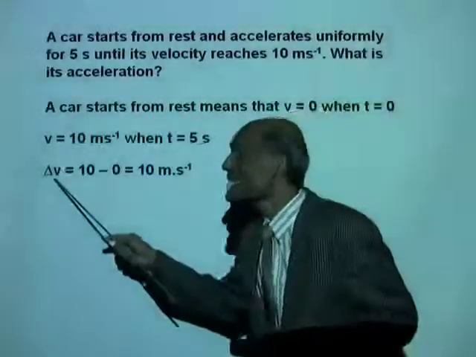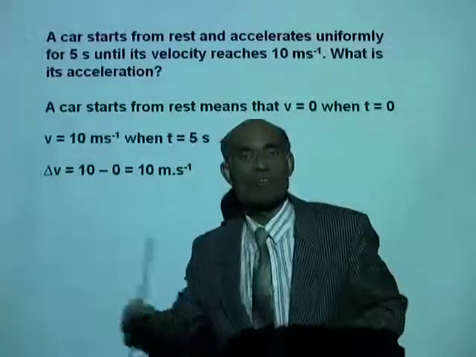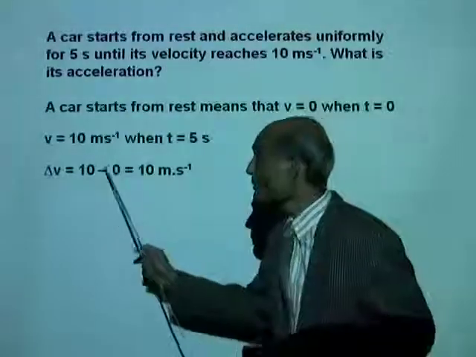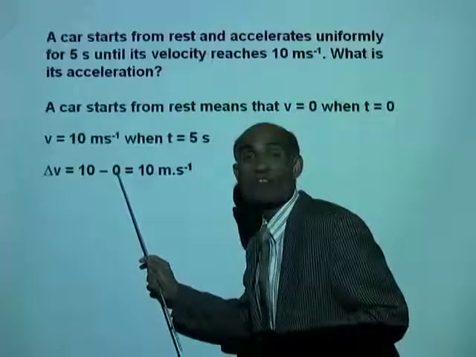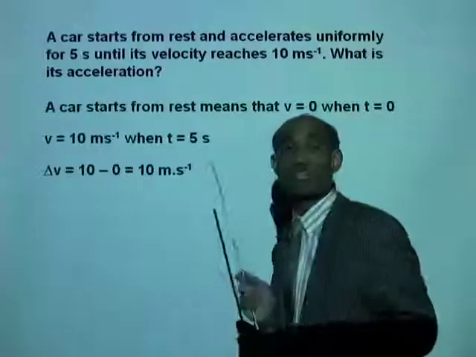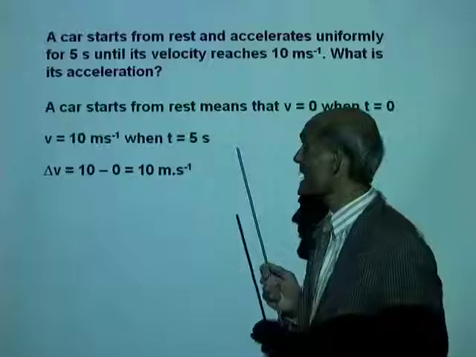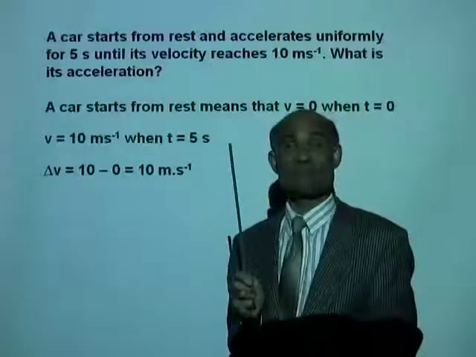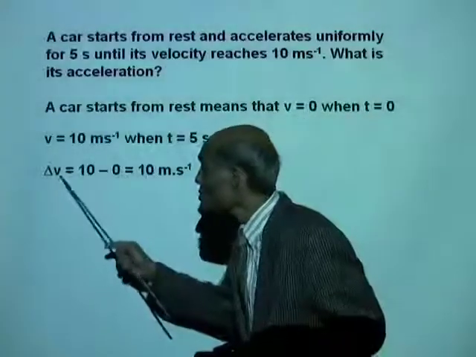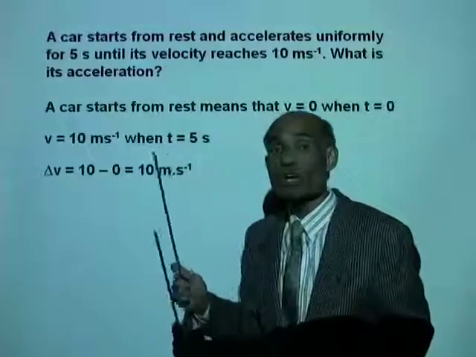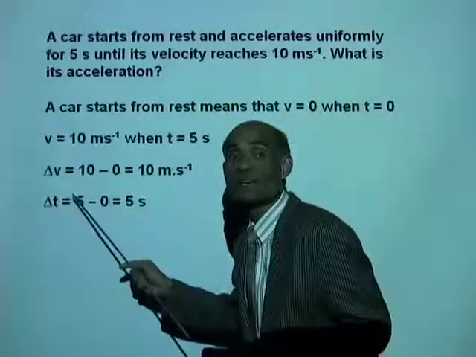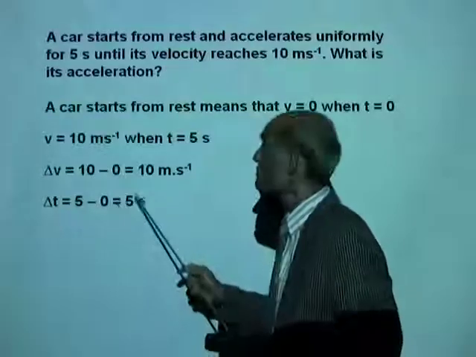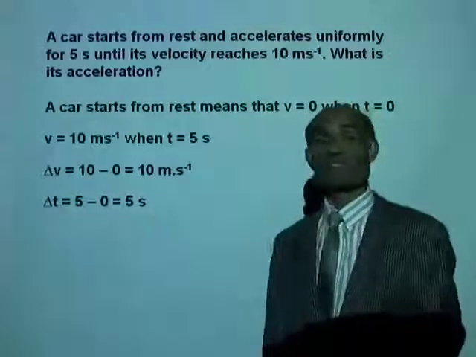Therefore, what is delta v? The change in velocity. The change in velocity is the final velocity minus the initial velocity. The velocity changed by 10 meters per second. Now, this change in velocity occurred in what time interval? Delta t equal to 5 minus 0, that is 5 seconds.